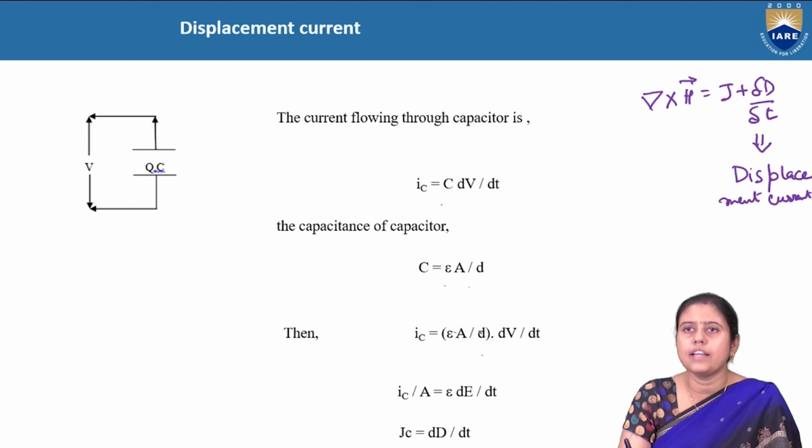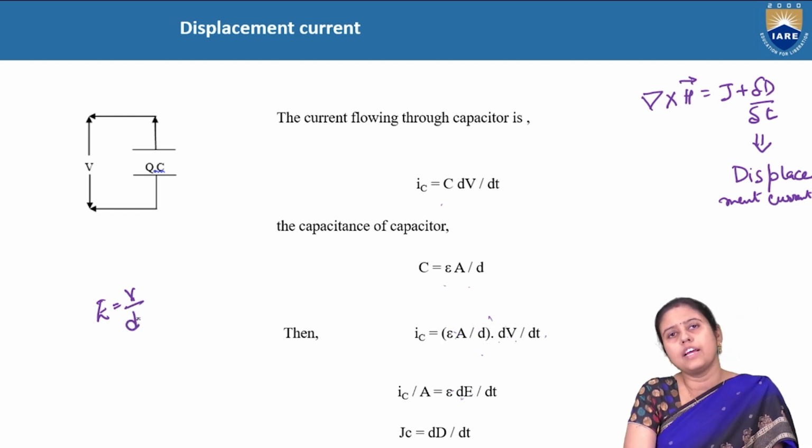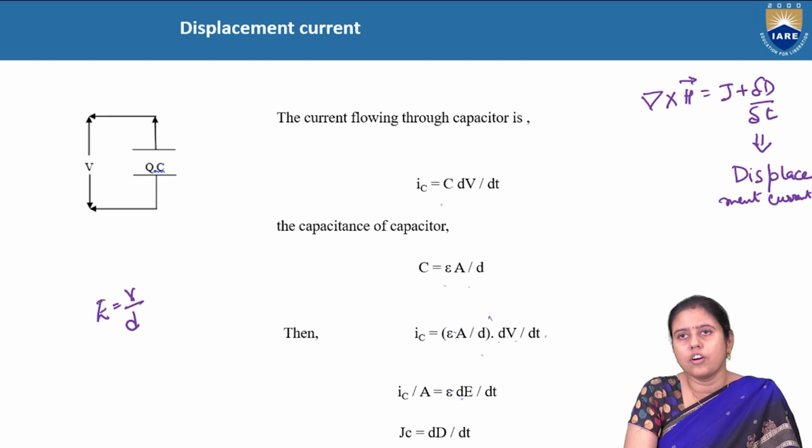Now IC by A is epsilon times dV by d into dt. Here we can write epsilon dE by dt, because we know that the electric field intensity is the potential gradient, so E is equal to dV by d.